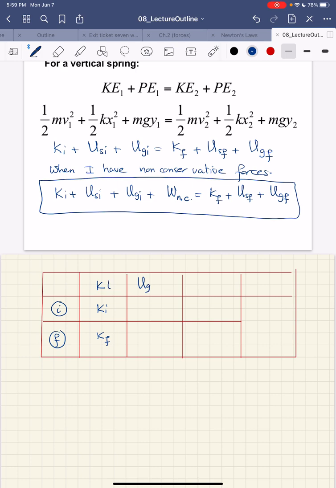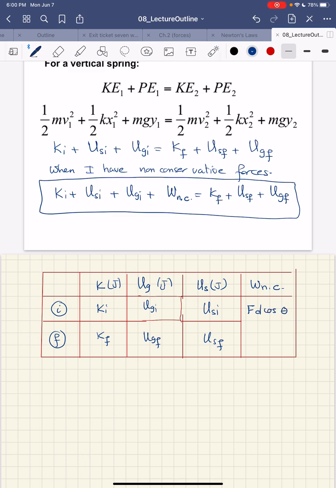This is my UG, and of course all in joules. This is my UGi, and this is my UG final. And this is US in joules as well. And this is USi, US final. And then here, work by non-conservative is going to be the force times the distance times the cosine of the angle.